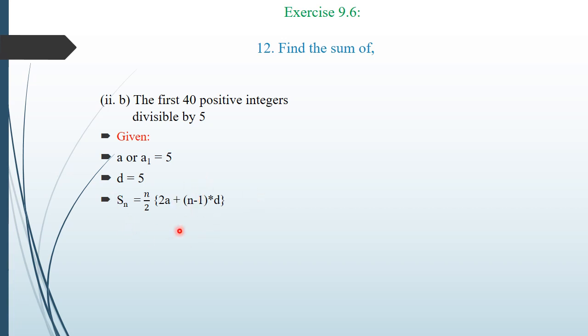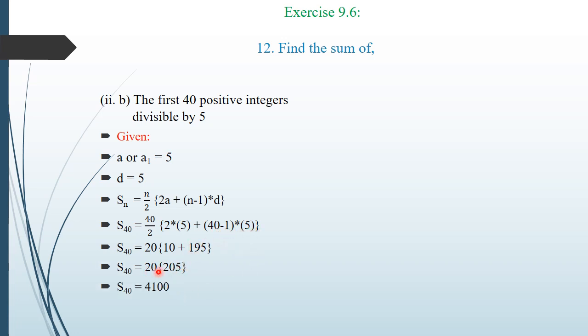Therefore applying same formula again, then substituting all the known values here, S40 is equal to 40 by 2 into 2 into 5 plus 40 minus 1 into 5. 40 by 2 is 20, 5 into 2 is 10 plus 40 minus 1 is 39, 39 into 5 is 195. 195 plus 10 is 205, 205 into 20 I'll get answer as 4100. Therefore sum of first 40 positive integers that are divisible by 5 is going to be 4100.